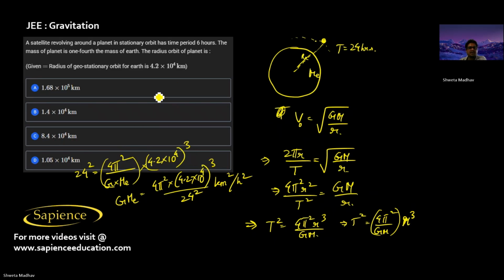Now, for that planet, the time period of revolution of the satellite is 6 hours. The mass of the planet is equal to 1/4 of the mass of Earth. And the radius of the orbit of that satellite around that planet is r, that we have to find out.